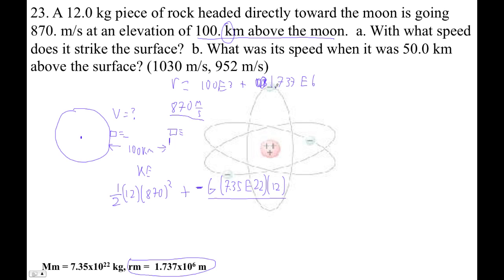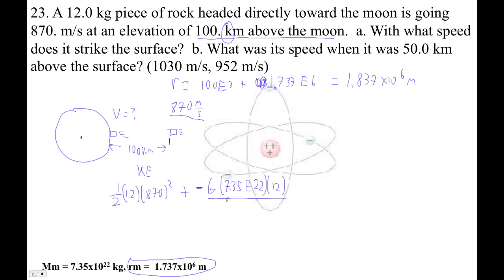E6, right? All right, so let's figure that out. That's 10 to the 6th. This is, of course, 1.837 times 10 to the 6th meters, right?